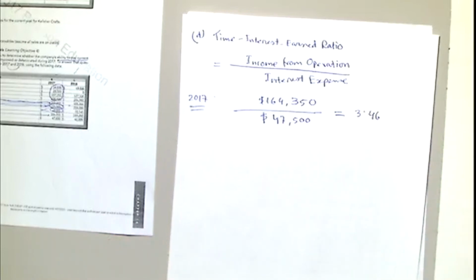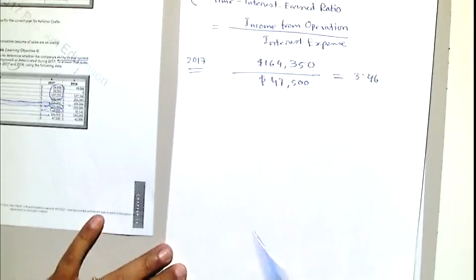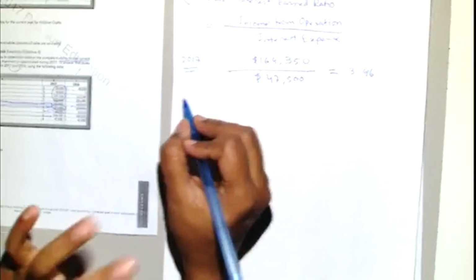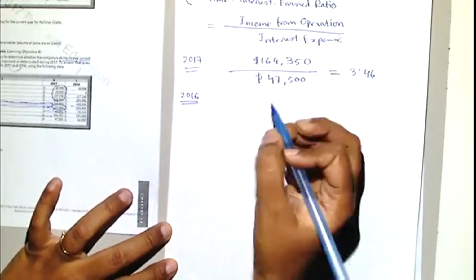Right. That means your income is about 3.5 times your interest. You're good. You can pay all of your interest expense, right? You have enough operating income to pay your interest expense.